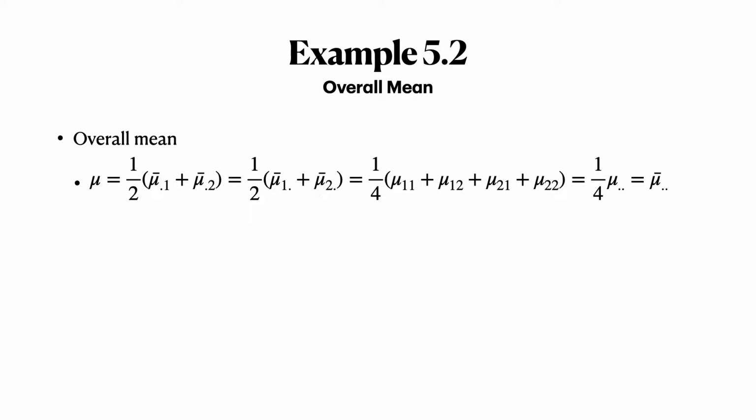And then we can denote the overall arithmetic mean of the treatment combinations as mu, but if we want to emphasize how we're calculating it, we can denote it by mu bar dot dot as well. And so we have all of these values. We have the four treatment combination means, which were given in the statement of the example, and we've just previously calculated the column means as well as the row means.